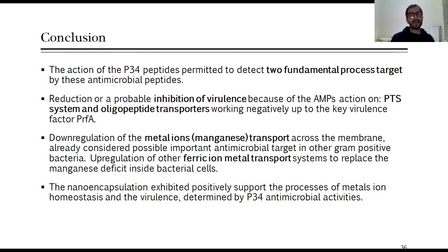Upregulation of the ferric ion transport system was observed to replace this metal ion deficit. And of course, the non-encapsulated peptide exhibited a stronger effect on the process of metal ion homeostasis and on virulence as well.